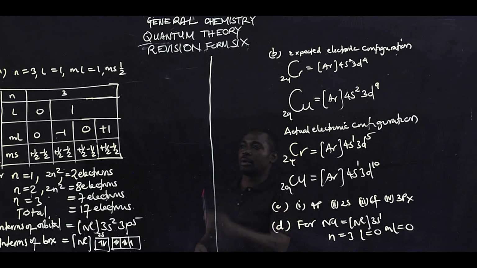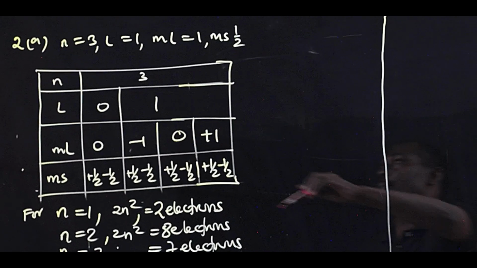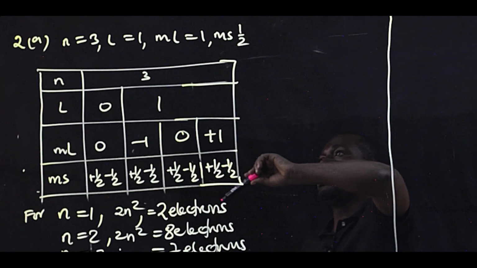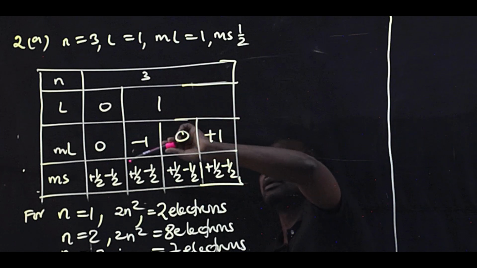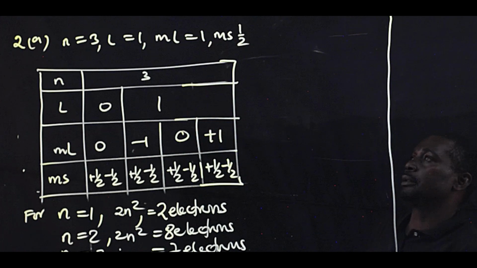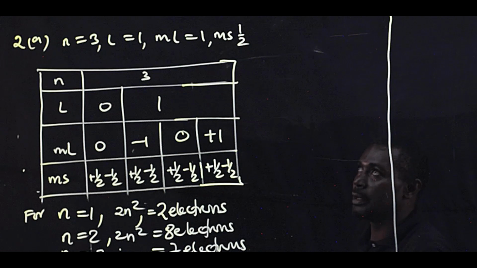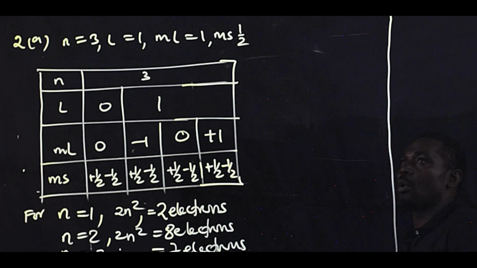So for this question, the electron given is the last filled in shell number 3, subshell l is equal to 1, which is p, ml positive 1, the third orbital, and ms positive a half.